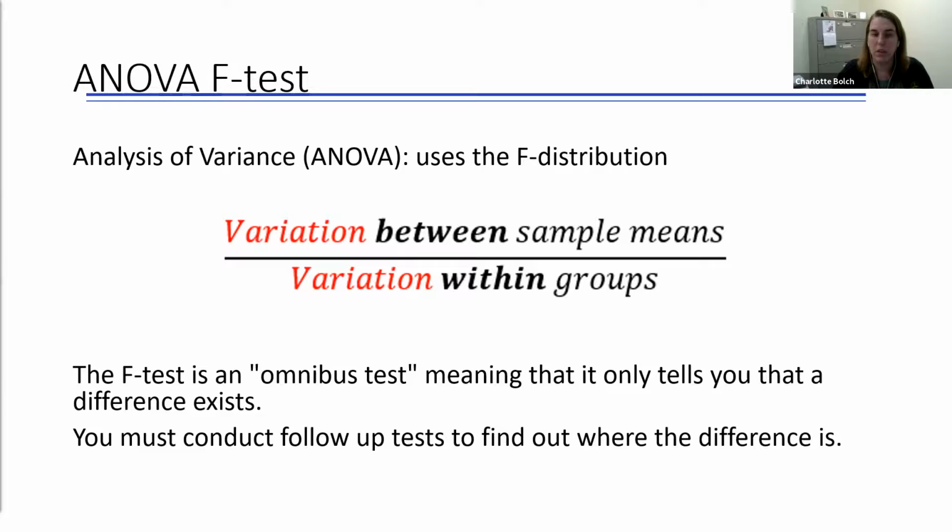We're not looking specifically between two groups like we would with a t-test, but it's an omnibus test. We're looking overall, is there any kind of difference happening between our groups? And if there is, we then follow up with t-tests to find out where the difference is.